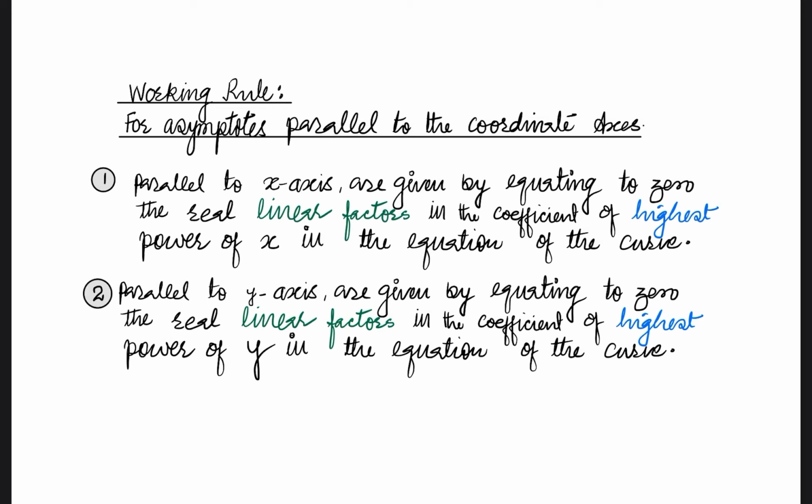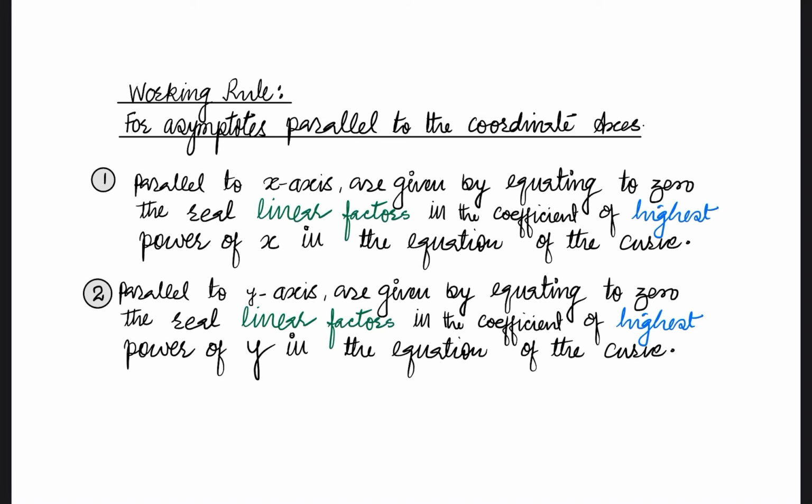First, keep in mind linear factors: a linear factor means the degree should be 1 in the coefficient of x, or in the coefficient of y. We calculate the asymptotes parallel to the x-axis by equating to 0 the real linear factors in the coefficient of the highest power of x in the equation of the curve.